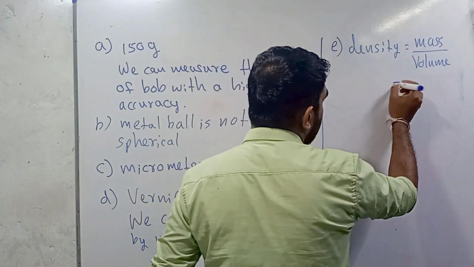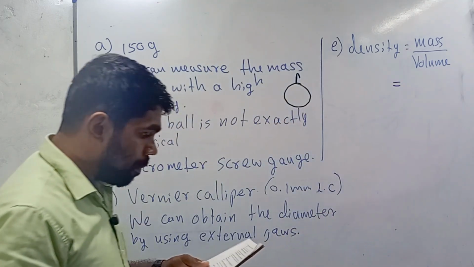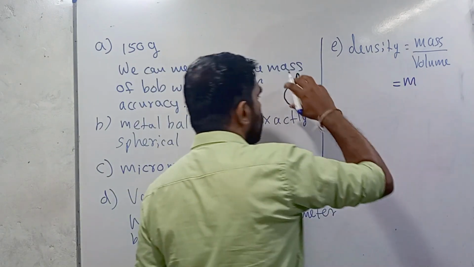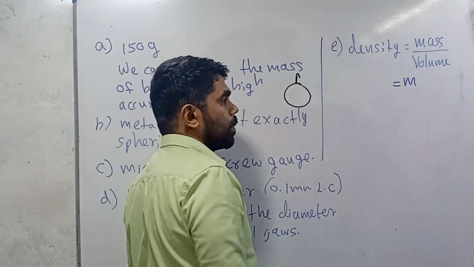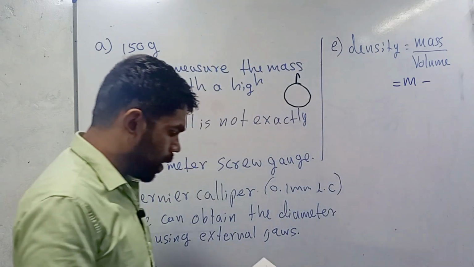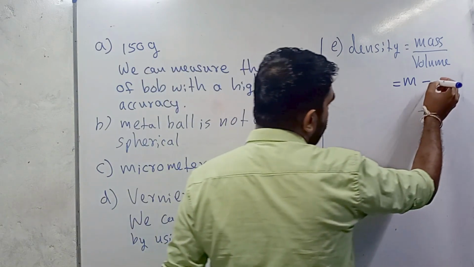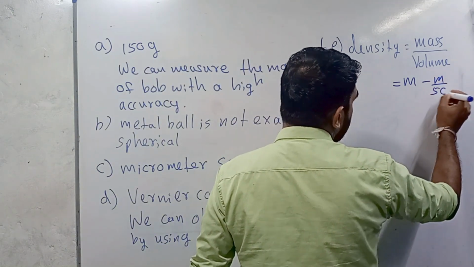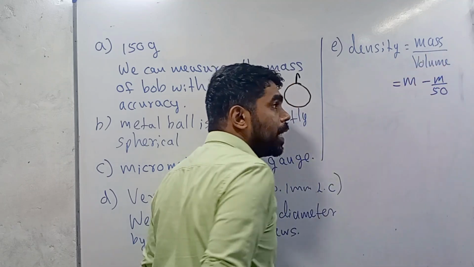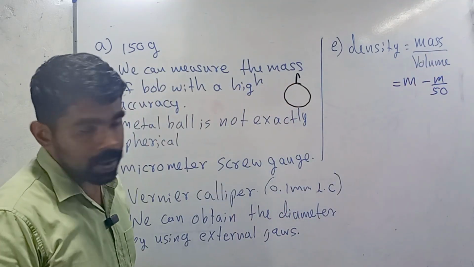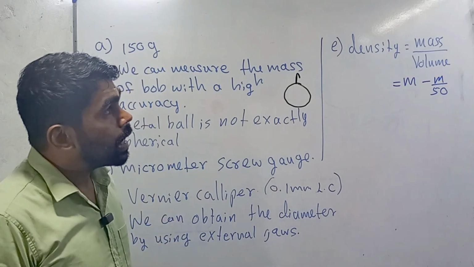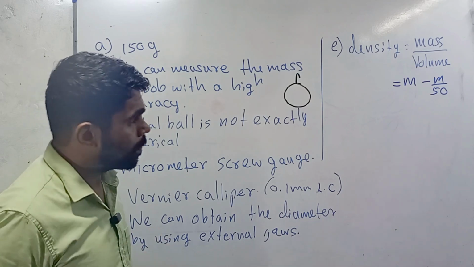Therefore, capital M is the mass of the sphere with the hook. We have to subtract the mass of the hook, which is given as m over 50. This one is the total mass, this one is the mass of the hook. Then the difference of the two given values, m minus m over 50, is the mass of the sphere.